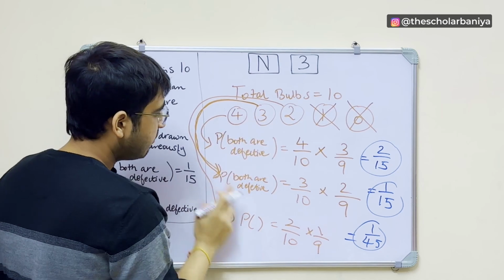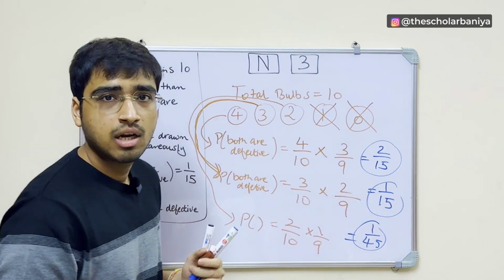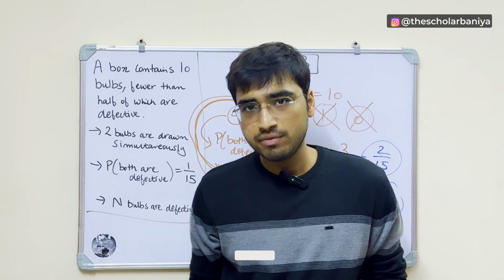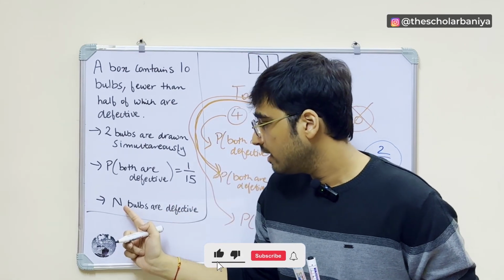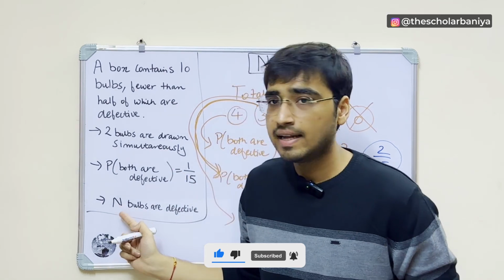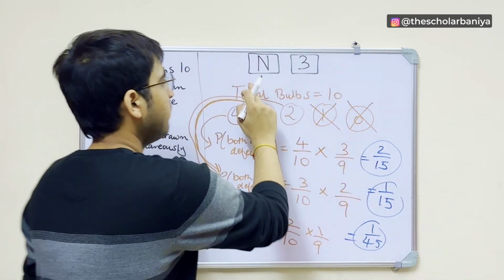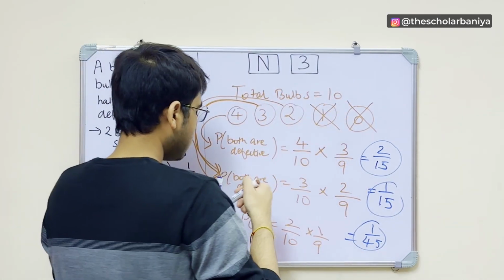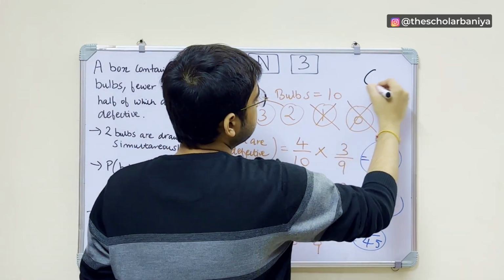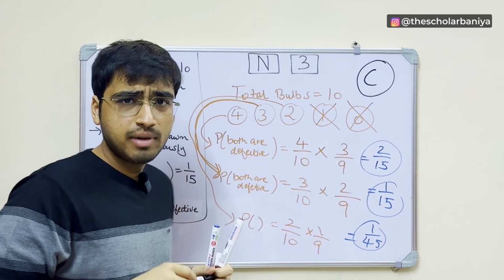So when there are 3 defective bulbs, the probability is 1 upon 15, and we are given in the question that the probability is 1 upon 15. That means the number of defective bulbs is 3, so the value of n is 3. That means your final answer becomes C. I hope this is absolutely clear.